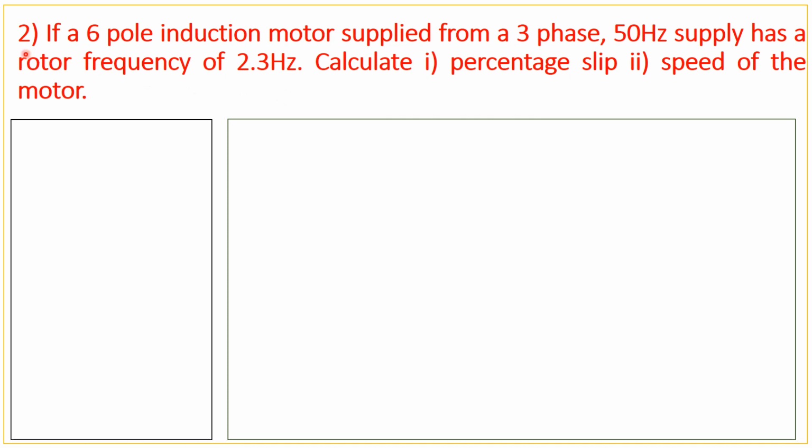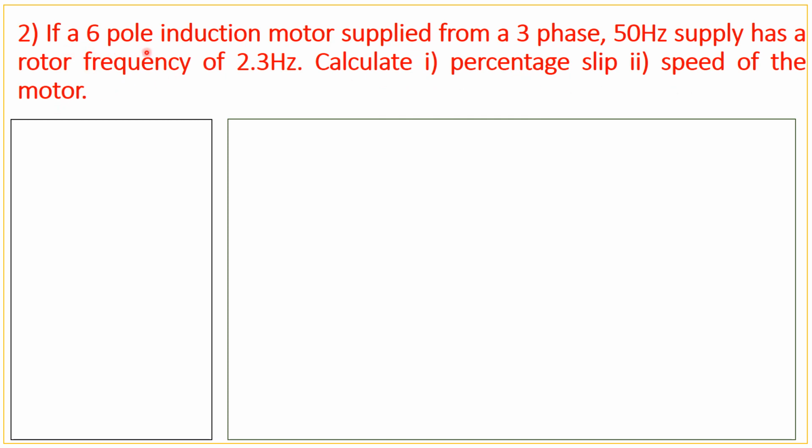So we shall move on to the second problem. The problem statement is given as such. If a 6-pole induction motor supplied from a 3-phase 50 hertz supply has a rotor frequency of 2.3 hertz, calculate the percentage slip of the motor.